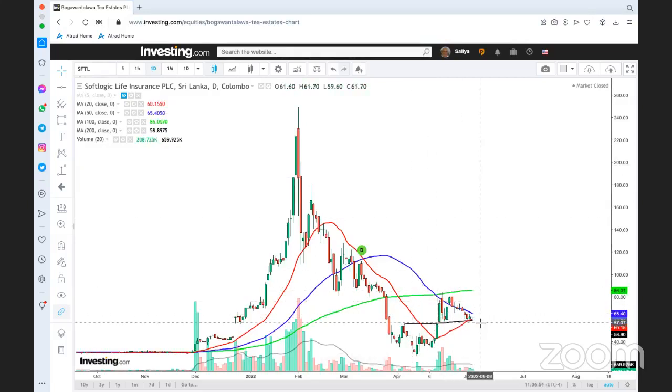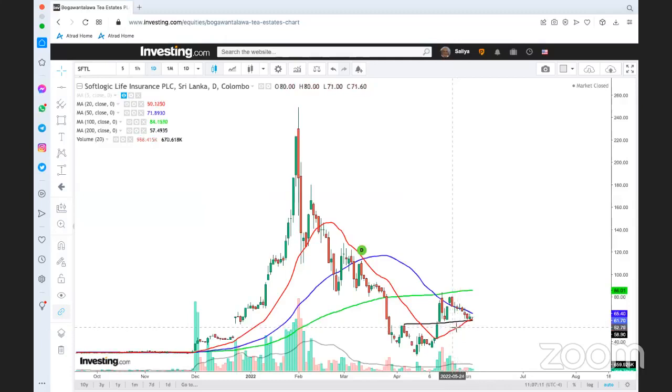And here also you can see the 200-day moving average. The prices have broken above the 200-day moving average, broken above the 20-day moving average, and the 200-day and the 20-day moving average are acting as support at that point.